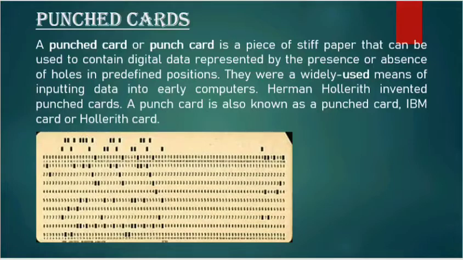It can easily hold a program in the form of holes. In the figure you can see a stiff paper with many holes. The holes represent zeros or ones. So by reading this stiff paper, a computer can understand a program.